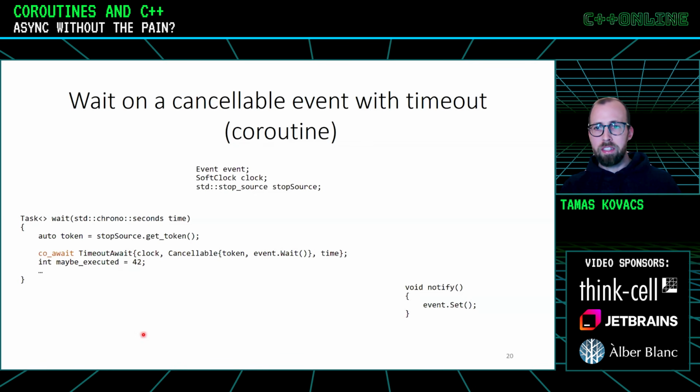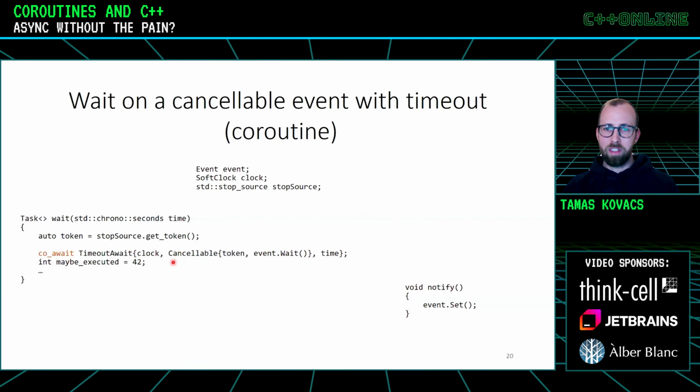But instead of encoding all that logic into one blocking wait, we build it by composing awaitables. What we have here is event wait, which gives us the original awaitable directly from the event. We are wrapping it cancelable and adding a timeout with timeout await. So what's great about this design is that none of these components know about each other.